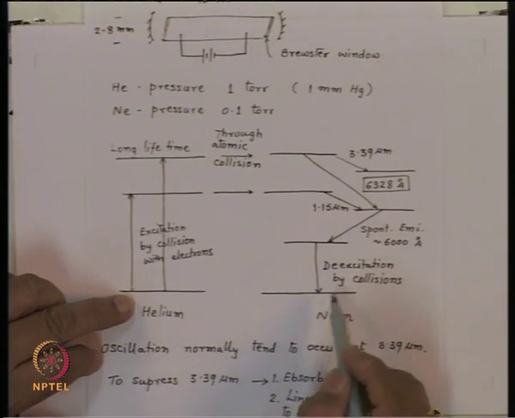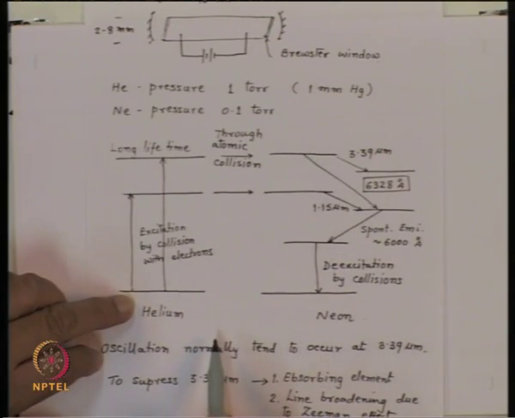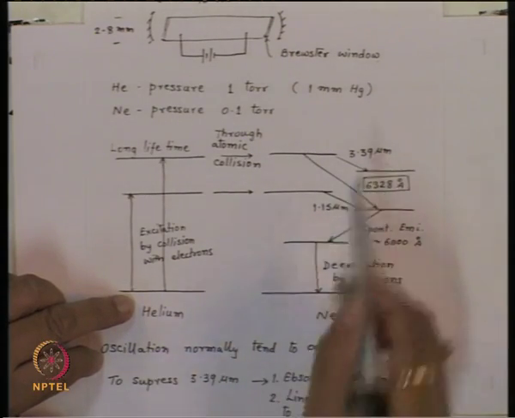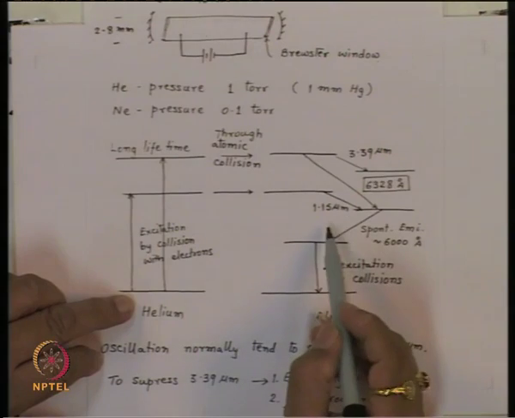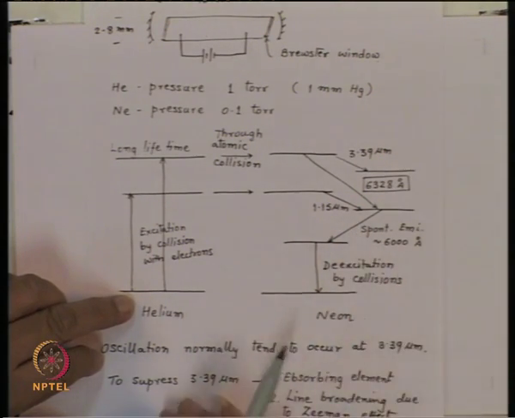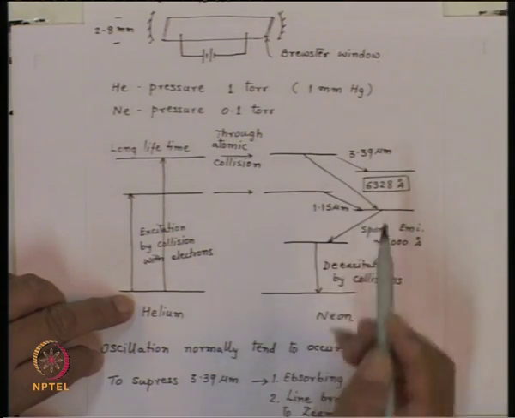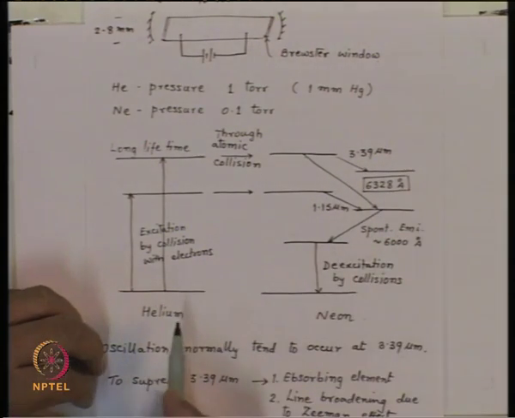First of all, we have to create a feedback mechanism which would support the wavelength corresponding to this transition, and other wavelengths have to be suppressed. Because as we saw earlier, the longer the wavelength, the more possibility of lasing action. So, longer wavelengths get easily excited or lased compared to the shorter wavelengths.